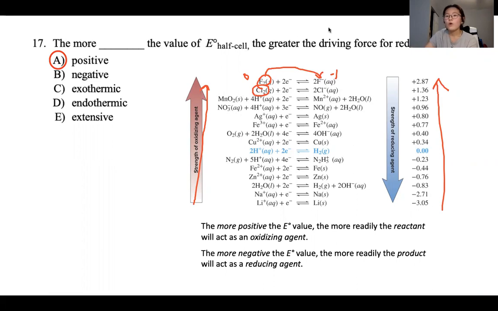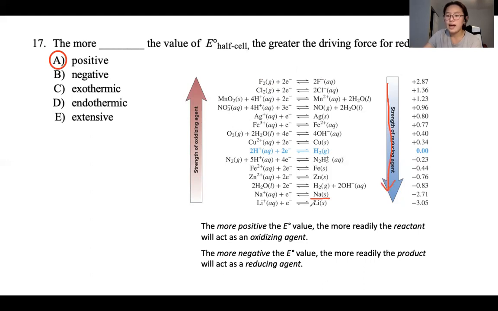What we were talking about earlier was that the more negative the E half cell value is, Na and Li are very strong reducing agents. They would much rather be oxidized. Therefore, in these cases, like we saw in Na and Cl2 gas making Na plus and Cl minus ions, these really want to be oxidized.